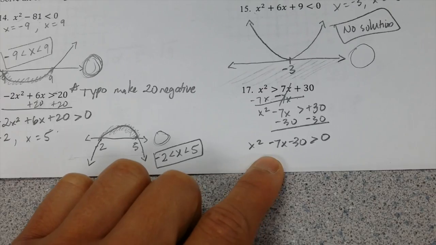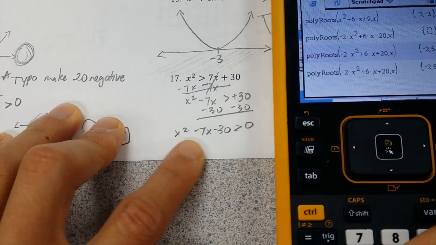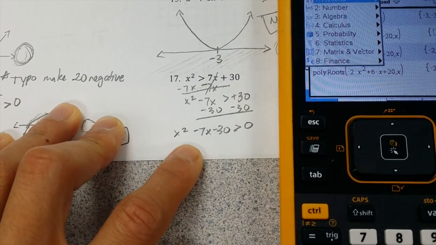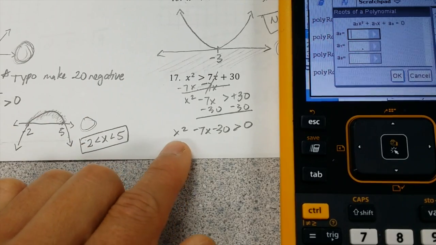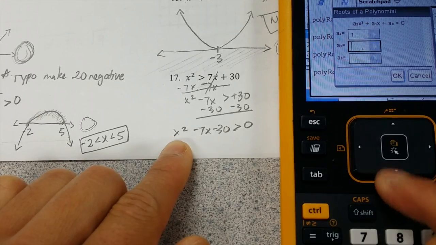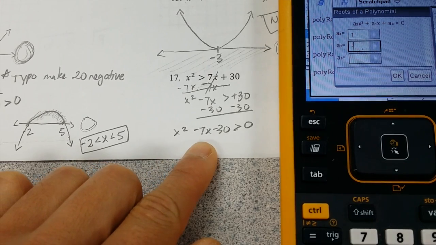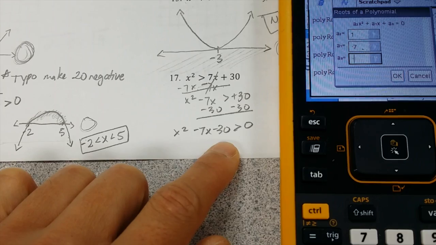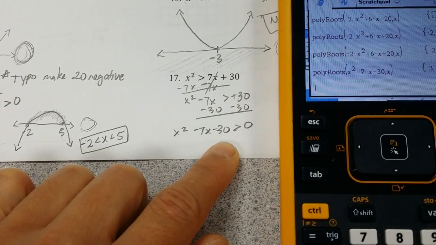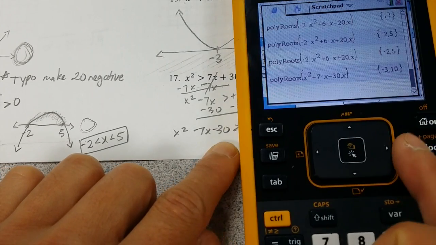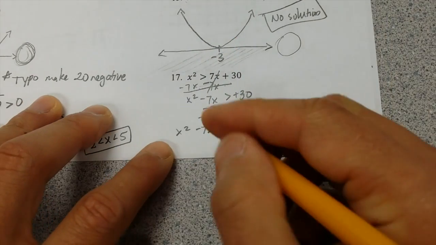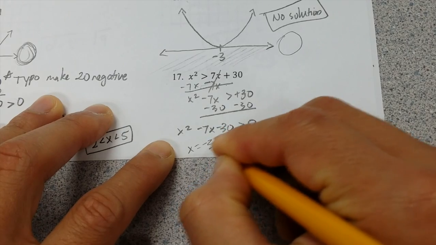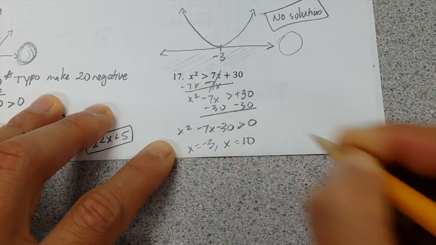So now we've got to factor. So we have Menu 3 3 1. Press OK. The coefficient in front of x squared is 1. The coefficient in front of x is negative 7. And the constant is negative 30. So we get that x is equal to negative 3 and x is equal to 10.